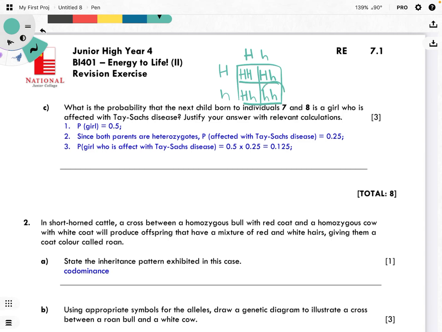There is a 1/4 chance that the child would have Tay-Sachs disease. And we are asking for a girl, so there's a 50% chance that the child will be a boy or a girl. And therefore, the probability here is 1/8, which is 0.125 probability that the child will be a girl and have the disease.